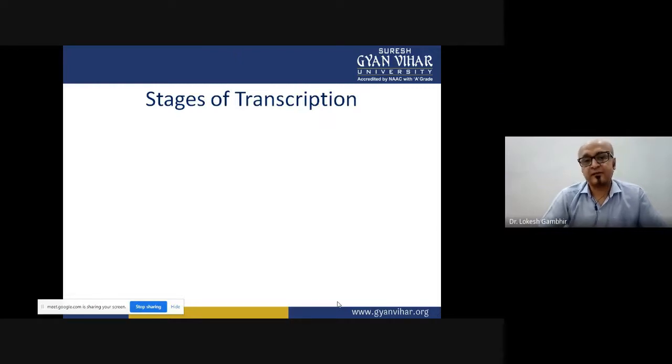Based on this preamble, let us now start discussing the stages of transcription. It's very common. Once the transcription is initiated, it should be elongated, then a termination should happen, as we discussed in the case of replication. But I have added a pre-stage also. What is that pre-stage?